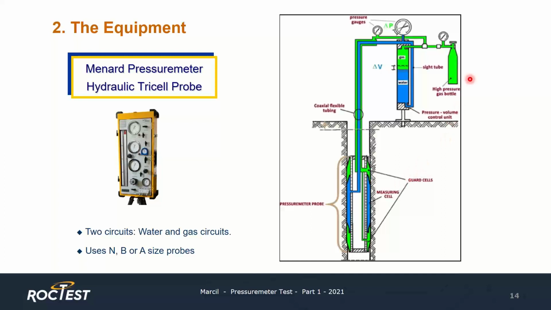The second most common type of pressure meter here in North America is the Menard pressure meter. This pressure meter is characterized by using two circuits, a gas circuit and a water circuit, that are used at the same time for inflating the probe.